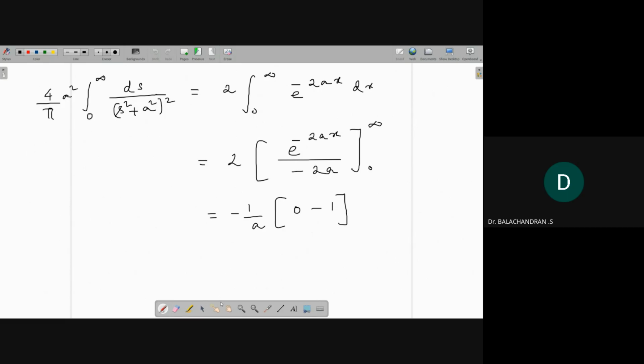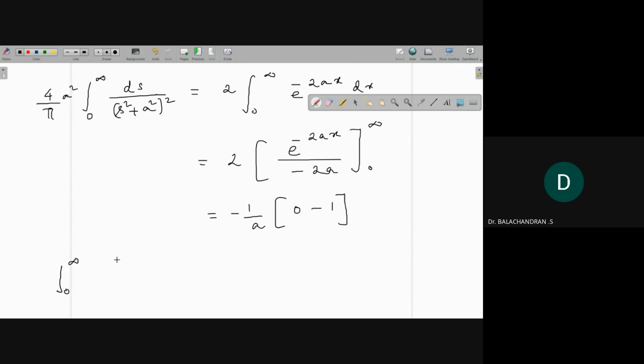I'll write s to x, integral 0 to infinity dx by x square plus a square whole square, which is equal to, cross multiply, pi by 4a square. Here we have a, so 1 by a. Okay, pi by 4 a cube. That's all. So this is equation number 3. So the second reduction part is also over.